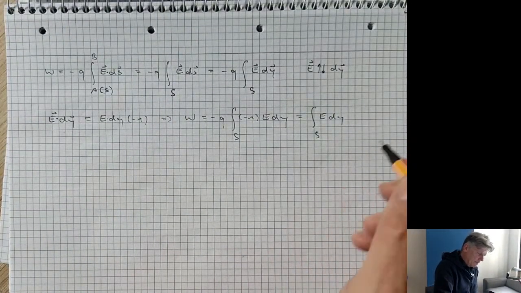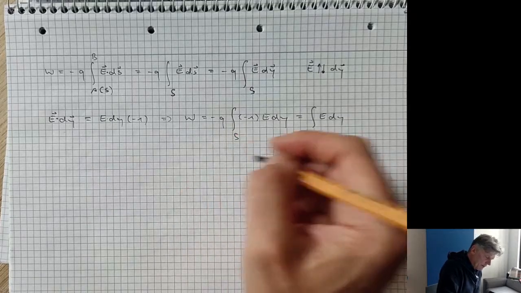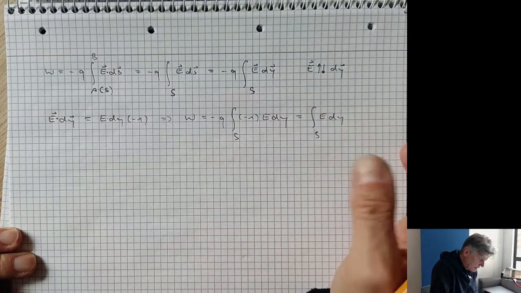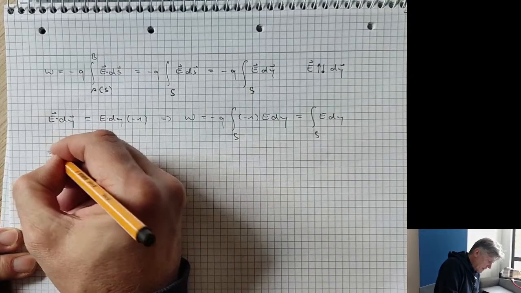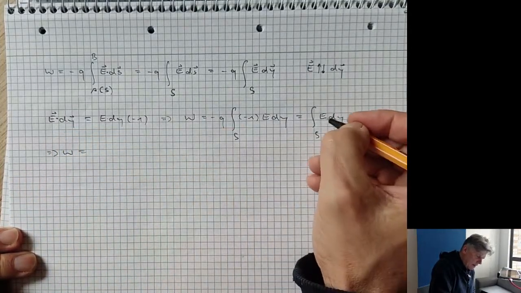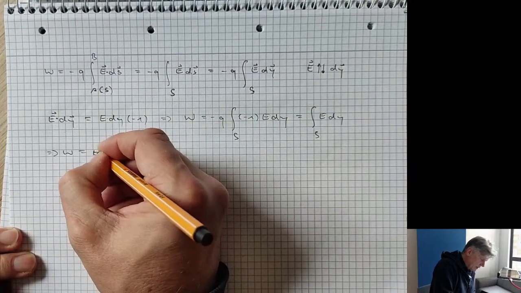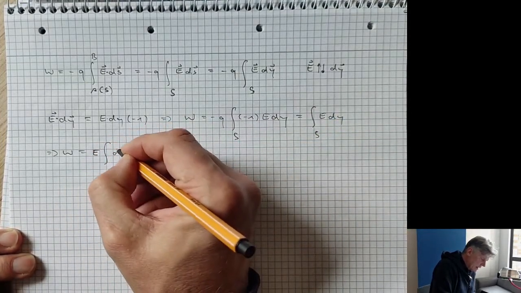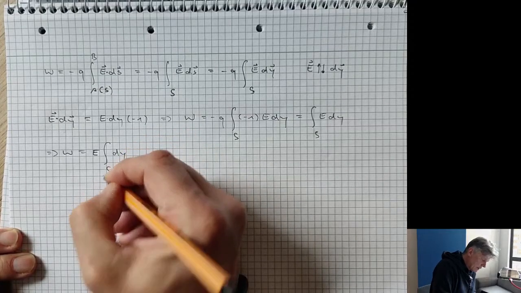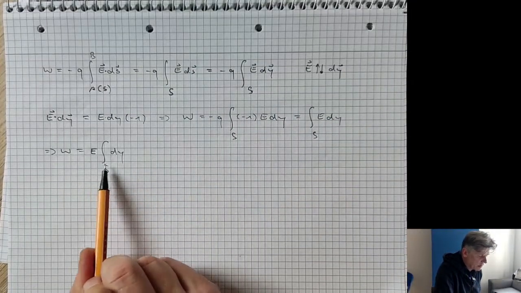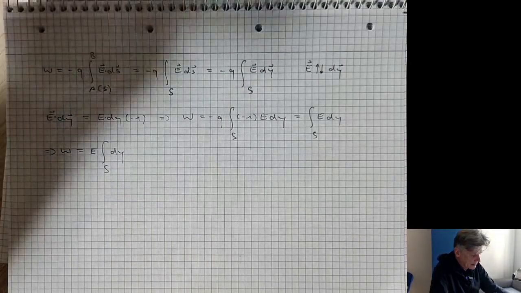Good, so that means we can further simplify this. Under the assumption that E is constant, E is separable, so we can take it out of the integral, and now we just have the integral in y direction along the path S.